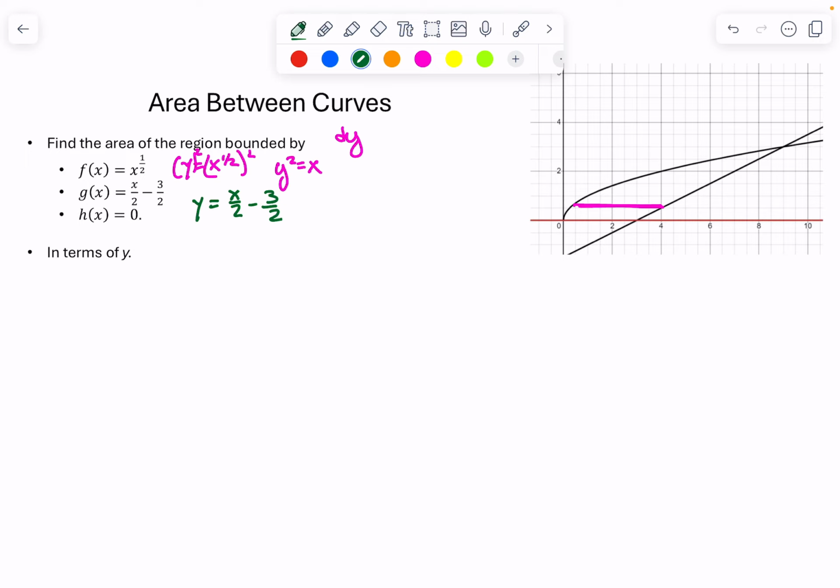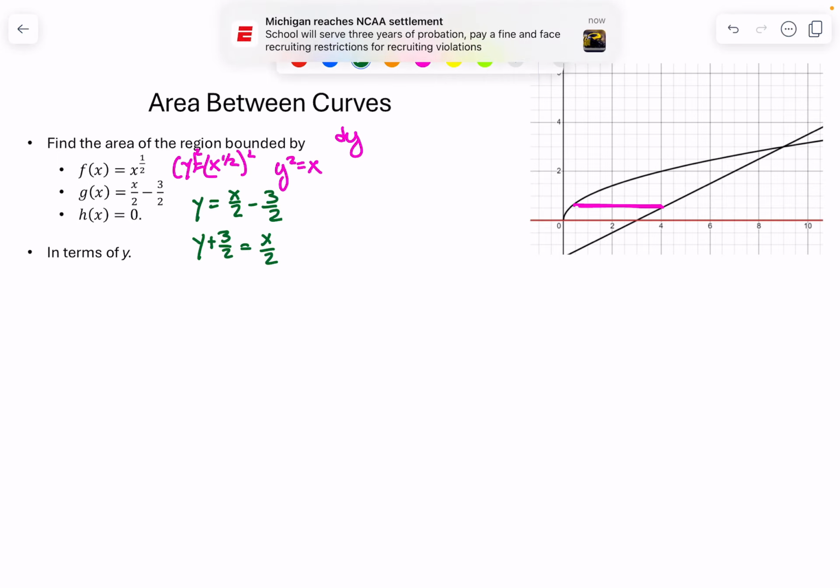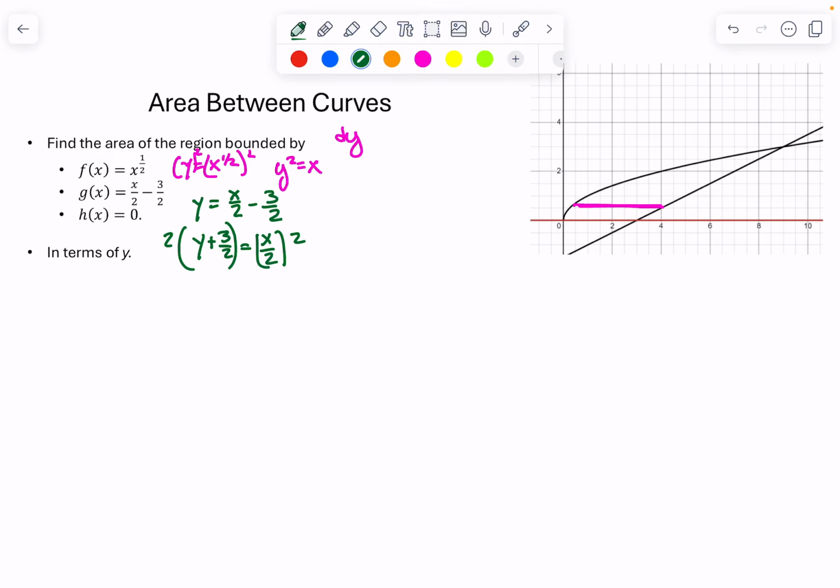If I go ahead and add 3 halves to both sides, x over 2, and then I'm going to have to multiply both sides by 2. And then I end up with x equals 2y plus 3. So that's my next equation.